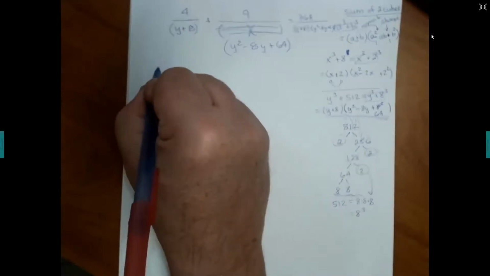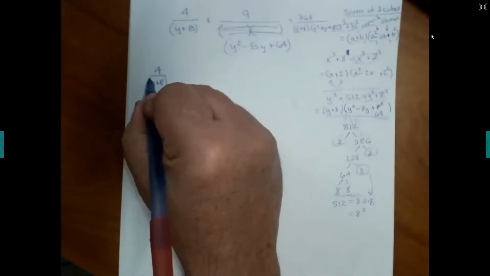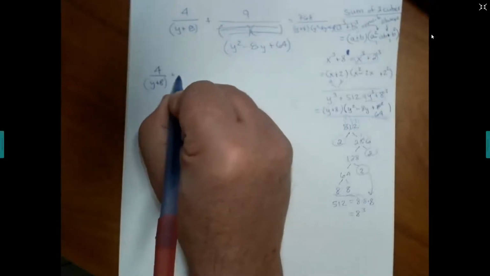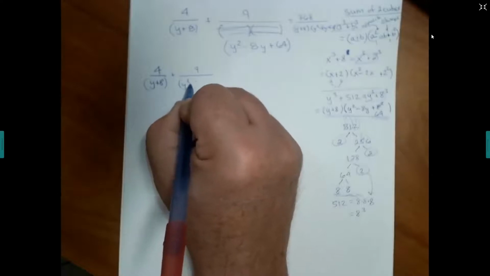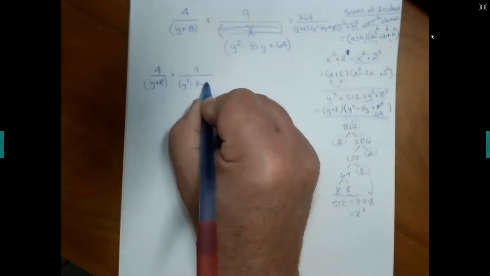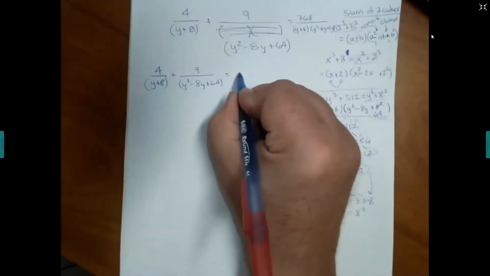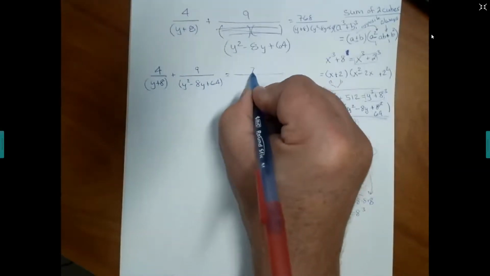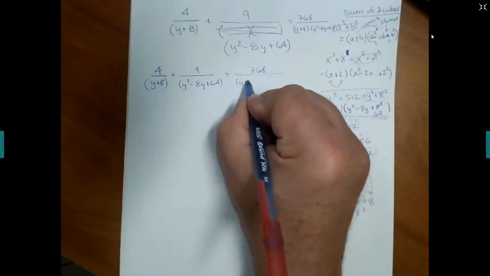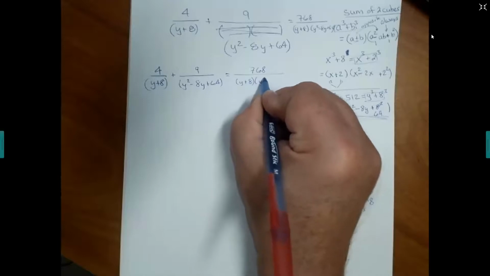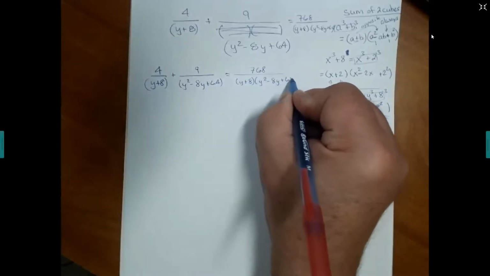So we have 4 over y plus 8 plus 9 over y squared minus 8y plus 64 equals 768 over y plus 8 times y squared minus 8y plus 64.